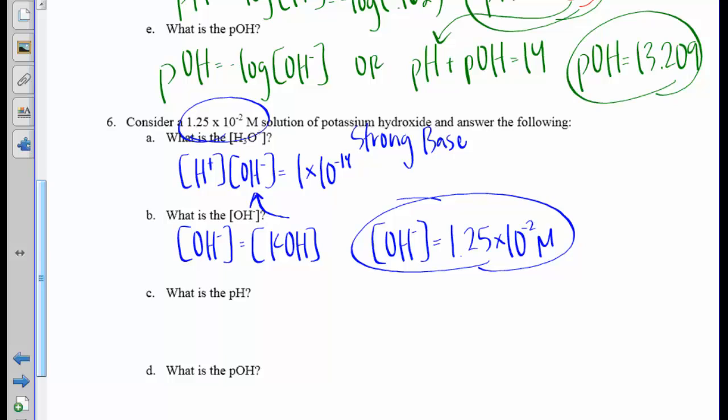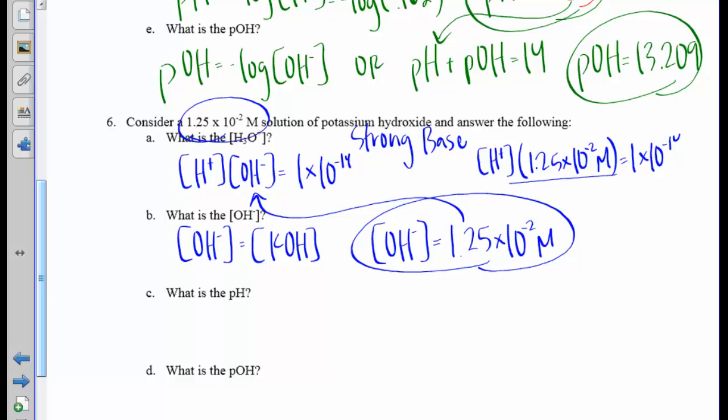To do that, I take the hydrogen ion concentration times 1.25 times 10 to the minus second molar, and that's equal to 1 times 10 to the minus 14. To solve for the hydrogen ion concentration, I divide both sides by 1.25 times 10 to the minus second molar.